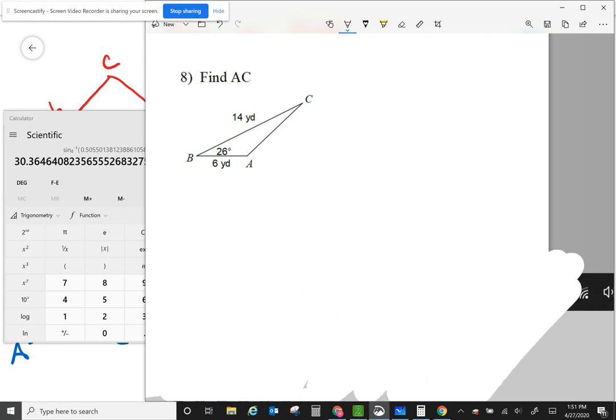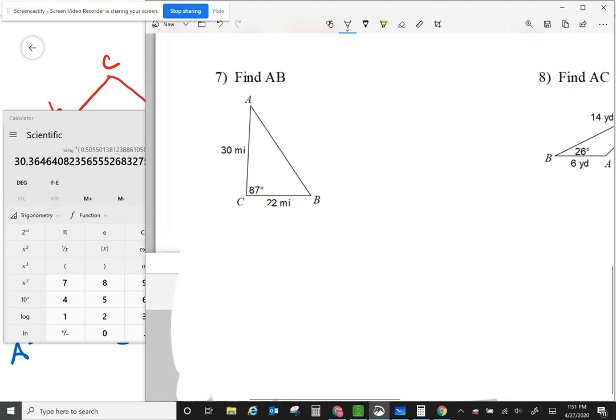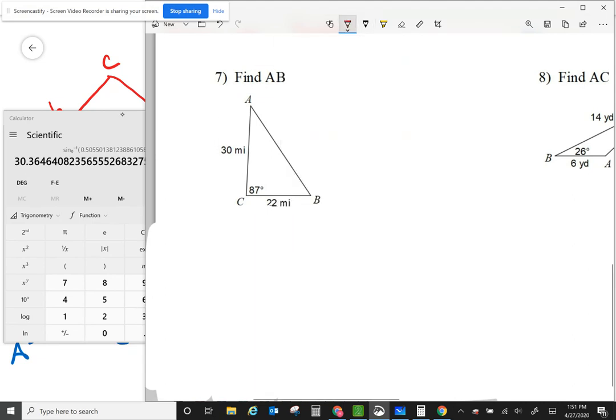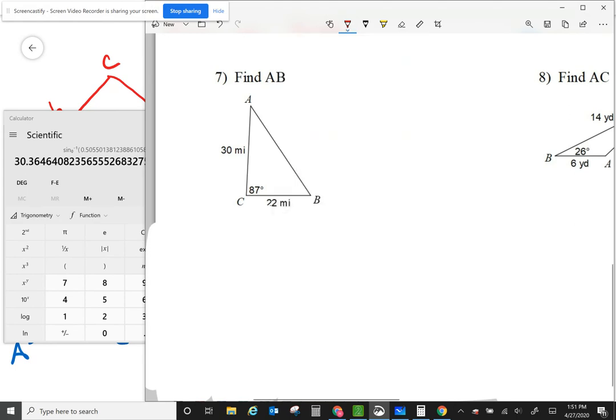All right, giving myself some more room. All right, so let's take a look. Question number 7. I'm asked to solve for side AB. So I'm asked to solve for little c.